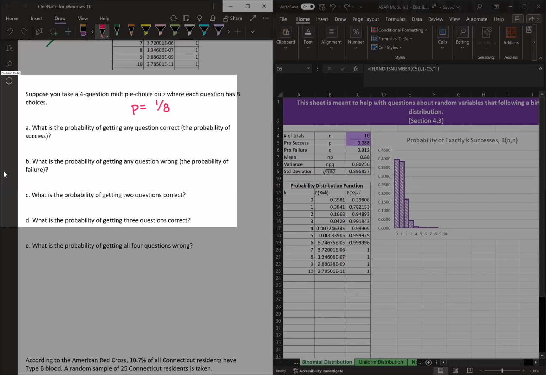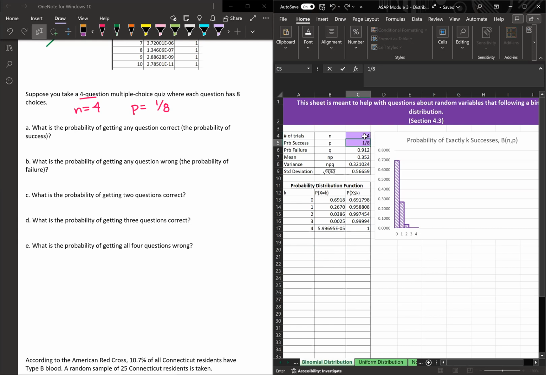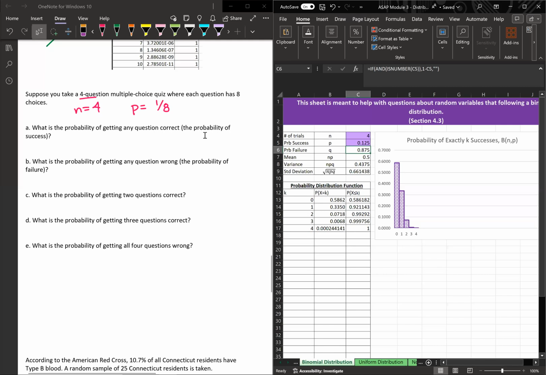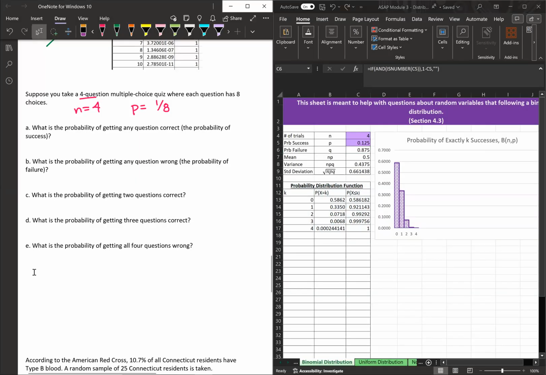How many times are you answering a question? 4 times. So that's your number of trials. You can put fractions into Excel and it'll just automatically convert it to a decimal for you. Okay, so now we have our output, our probability distribution.